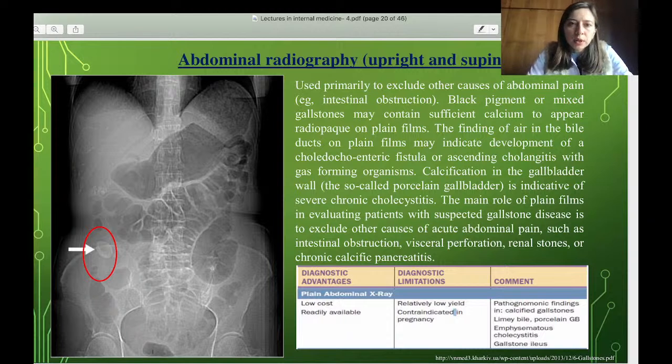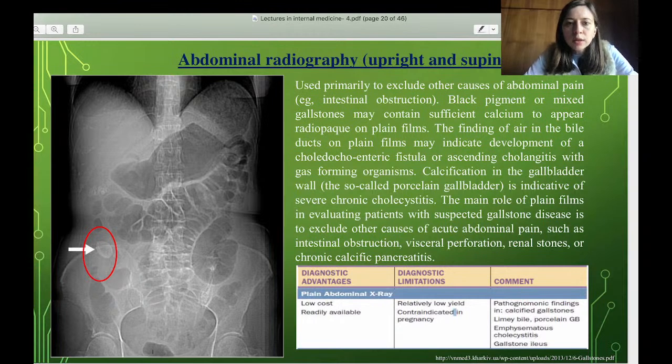And what about examination and abdominal radiography? Used primarily to exclude other causes of abdominal pain, such as intestinal obstruction. Black pigment or mixed gallstones may contain sufficient calcium to appear radiopaque on plain film. The finding of air in the bile duct on plain film may indicate development of a choledochoenteric fistula or ascending cholangitis with a gas-forming organism.